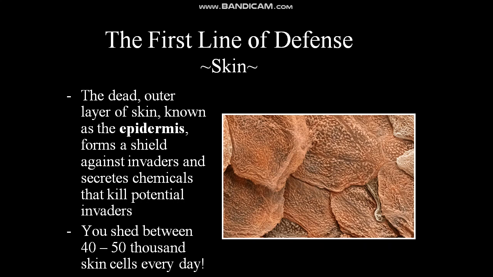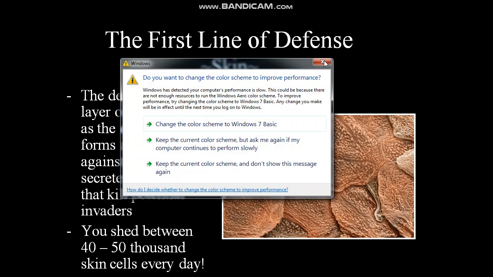So in these defense mechanisms, the first line of defense is the skin. It responds to these by secreting chemicals that kill the potential invaders. I have told you in the lectures, 40,000 to 50,000 skin cells die every day.